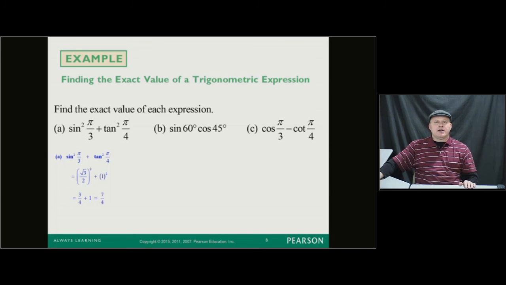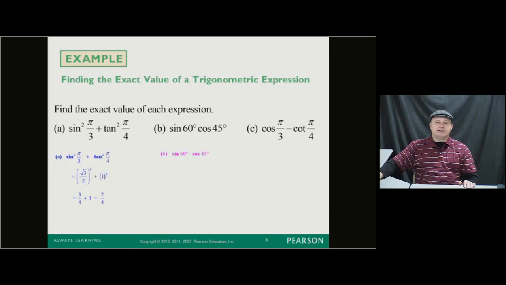Okay, so this is just giving us practice in the memorization of what we call special trig functions, or special angles. Now, sine of 60 degrees times the cosine of 45 degrees. Again, sine of 60 degrees is square root of 3 over 2, and the cosine of 45 degrees is the square root of 2 over 2. Again, I have them memorized.